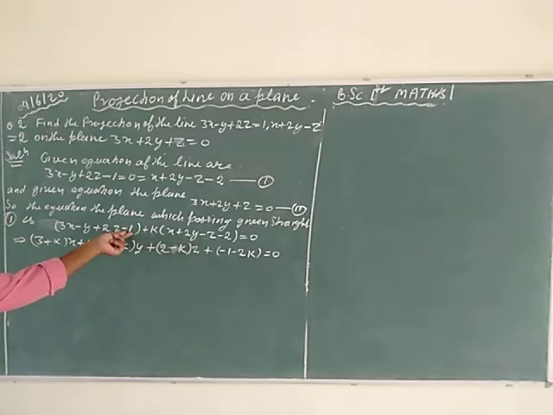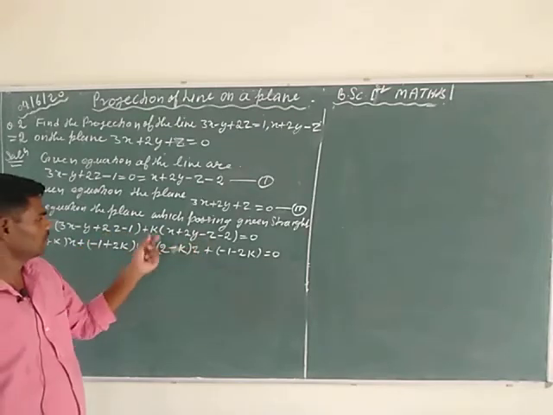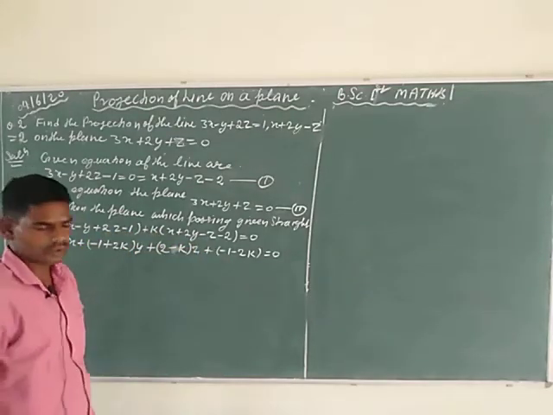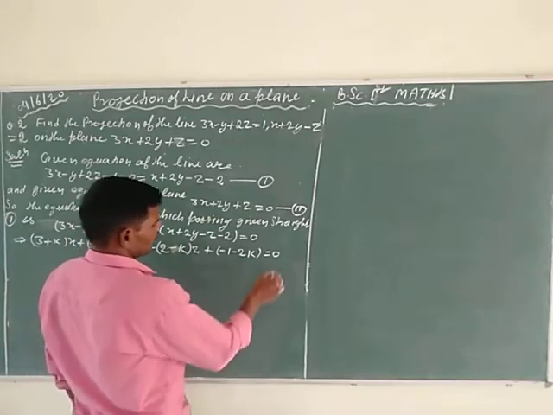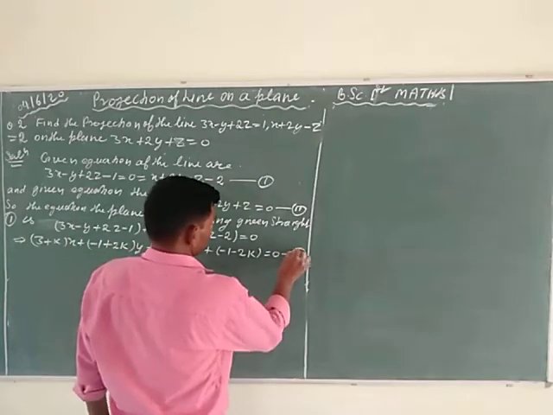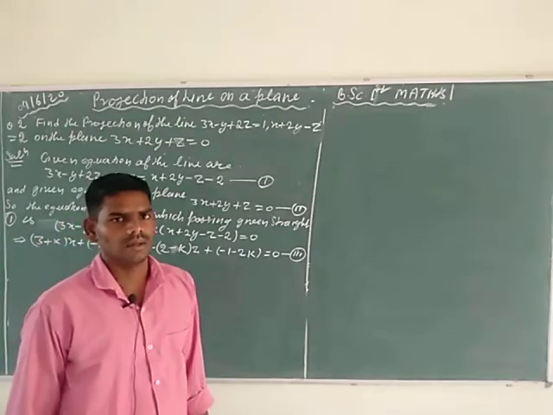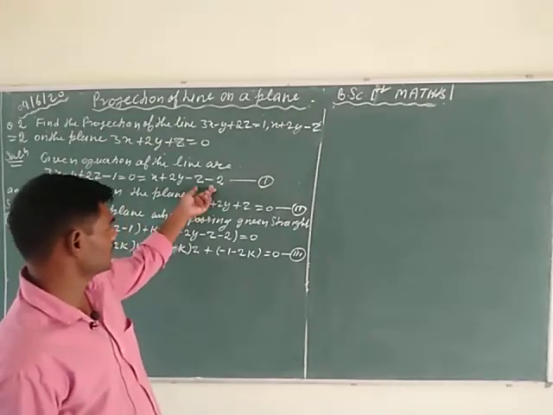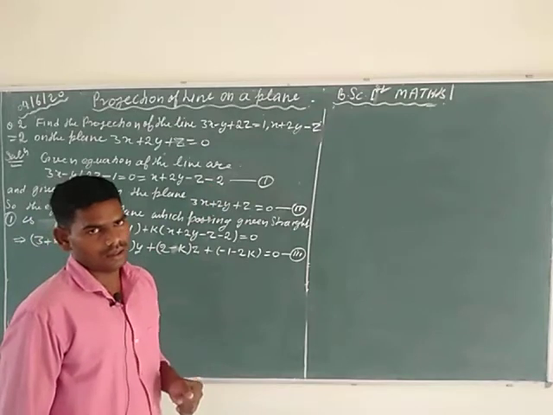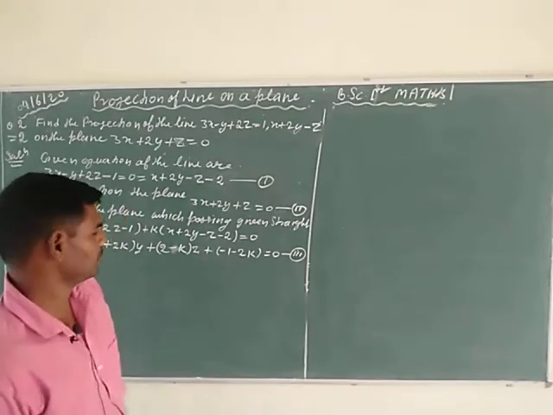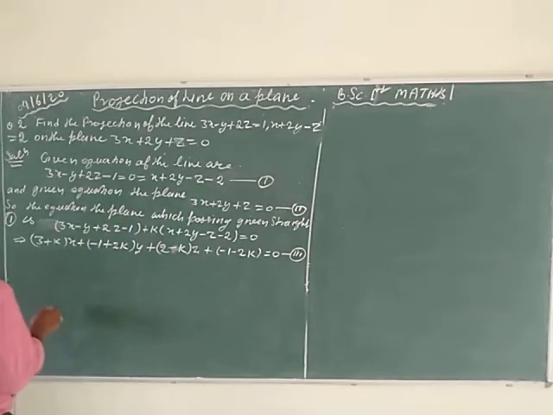This is represented by equation third. So equation third is the plane which passes through the given straight line, while the equations of the given straight line are in general form.